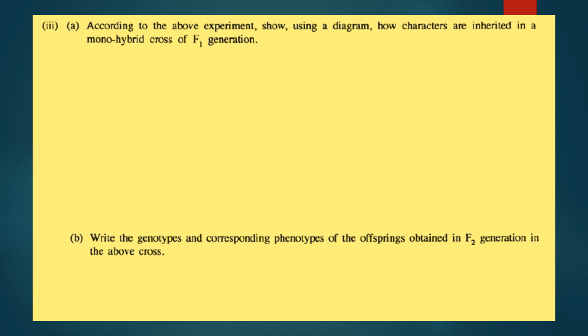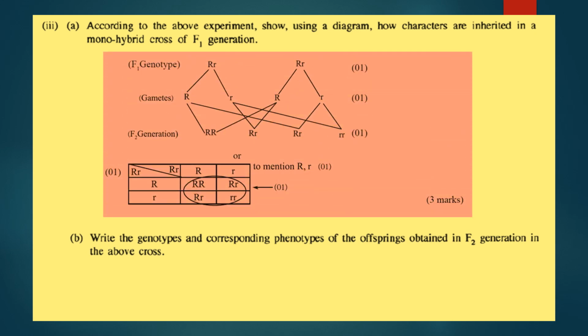Part 3a. According to the above experiment, show using a diagram how characters are inherited in a monohybrid cross of F1 generation. You can prepare the above chart. Genotype F1 generation, capital R simple r and capital R simple r.